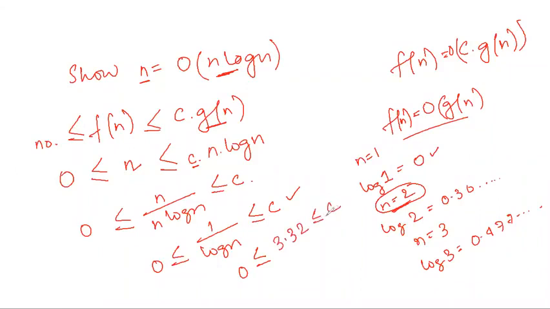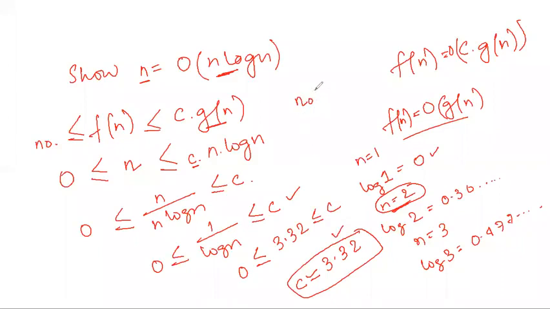So this value of C will be greater than or equal to this. So approximately the value of C will be something like this, right? So we got the value of C, and what was this value of N0? For which value did we compute C, the greatest one? 2.